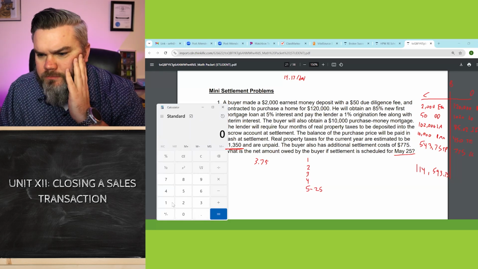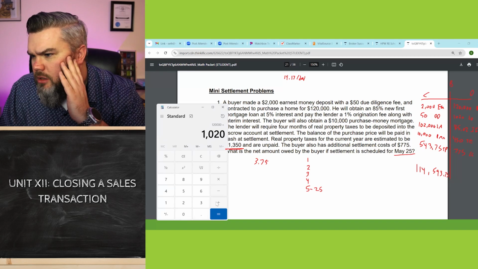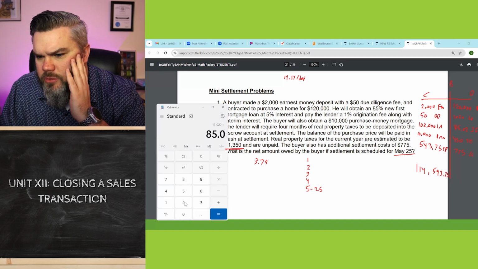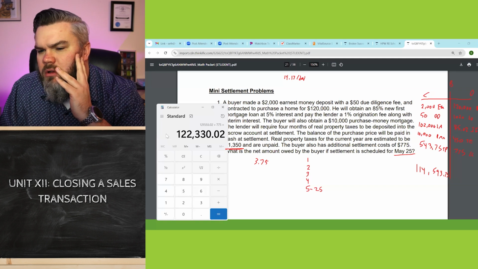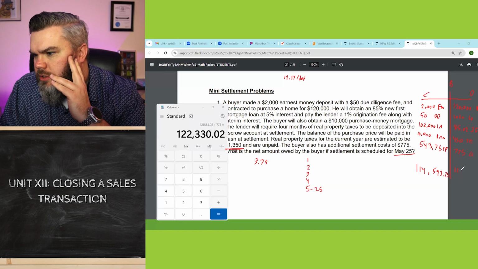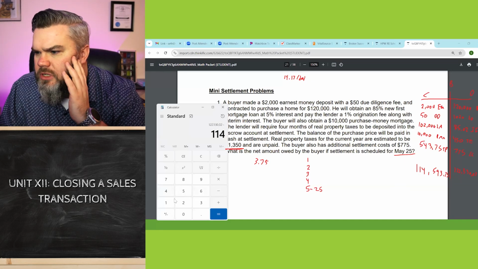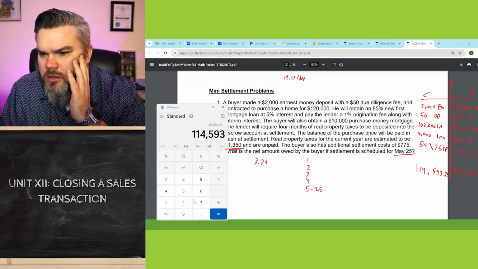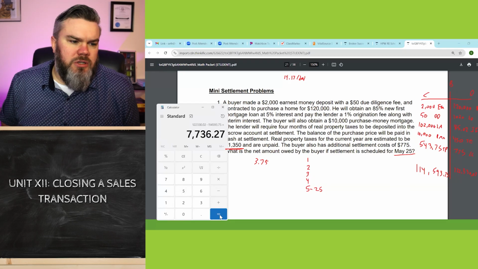And then debits, $120,000 plus $1,020 plus $85.02 plus 450 plus 775. Total debits of 122,330.02. Subtract out your credits of 114,593.75. Cash to close 7,736.27.